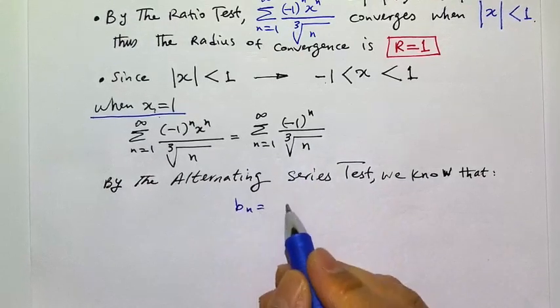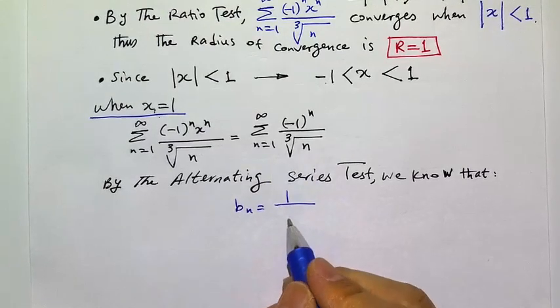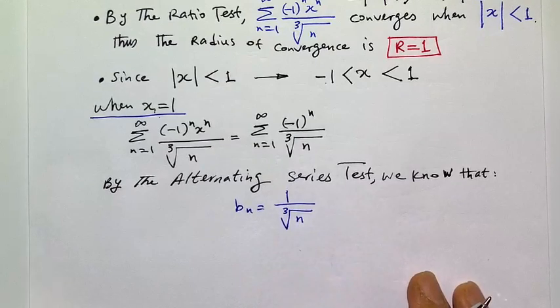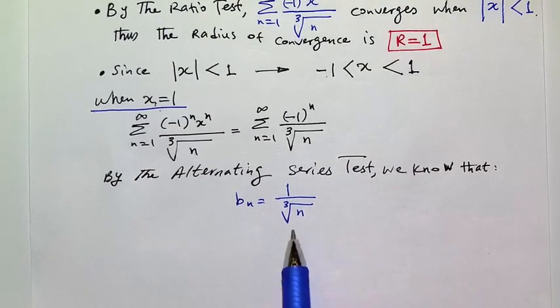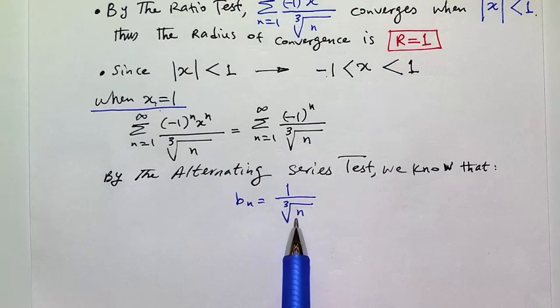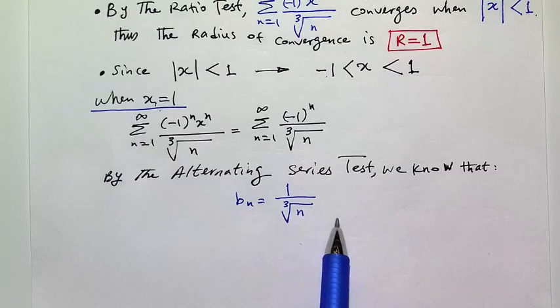Remember that test? The Bn's are the positive portions of the series. Just looking at this, we know that every n plus 1 term is always less than the n term.